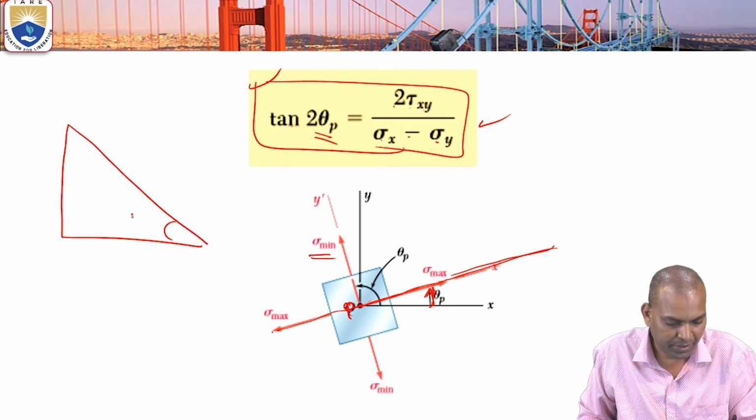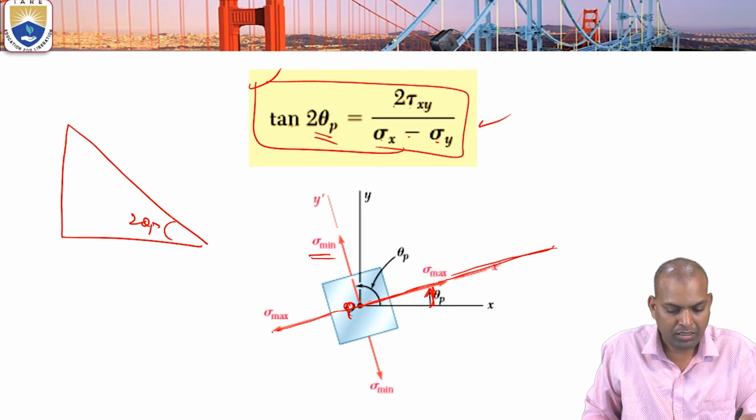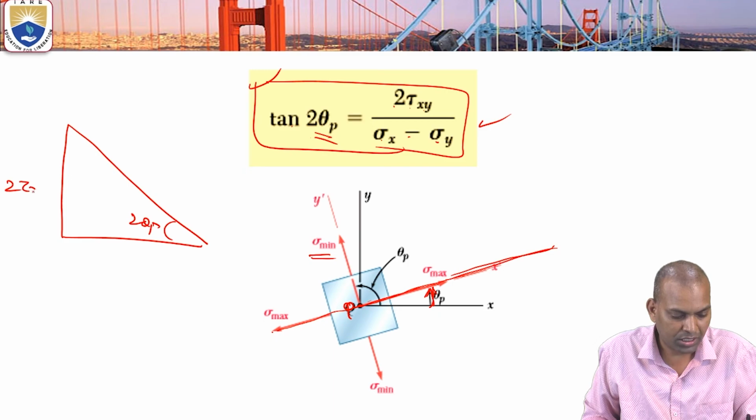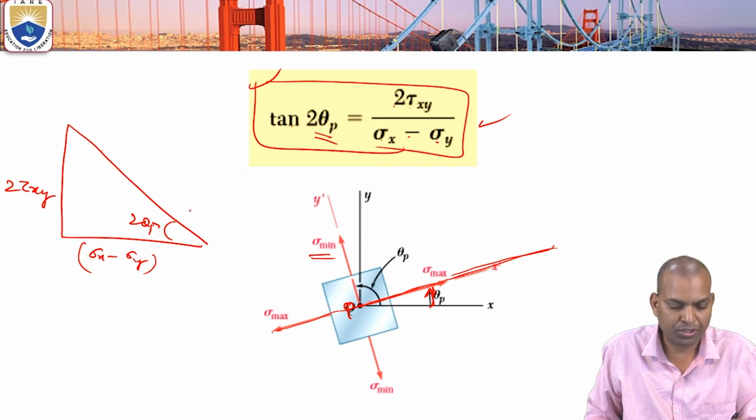Suppose this is theta p. Tan 2 theta p is the opposite side, 2 tau xy, by the adjacent side, sigma x minus sigma y. What is the hypotenuse here?